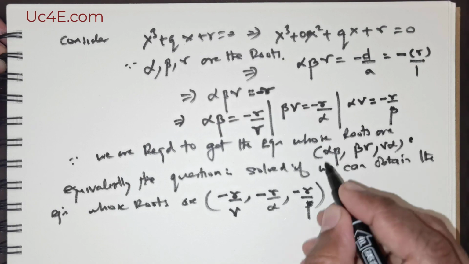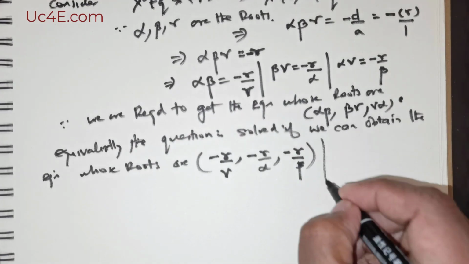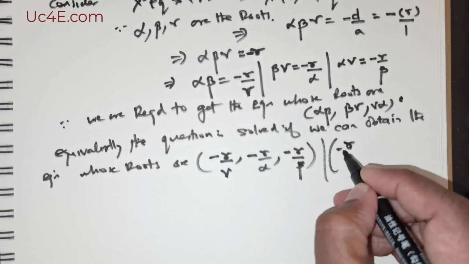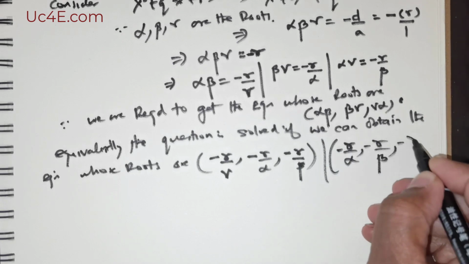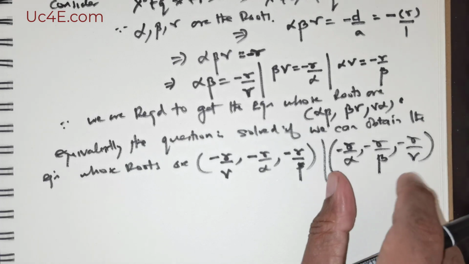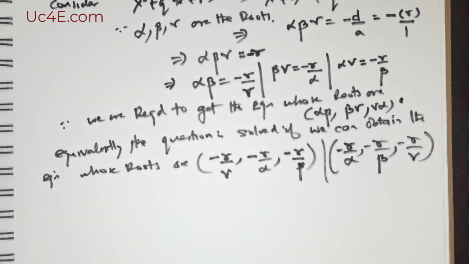This is equivalent to negative r over alpha, negative r over beta, negative r over gamma, right? So that is sufficient.